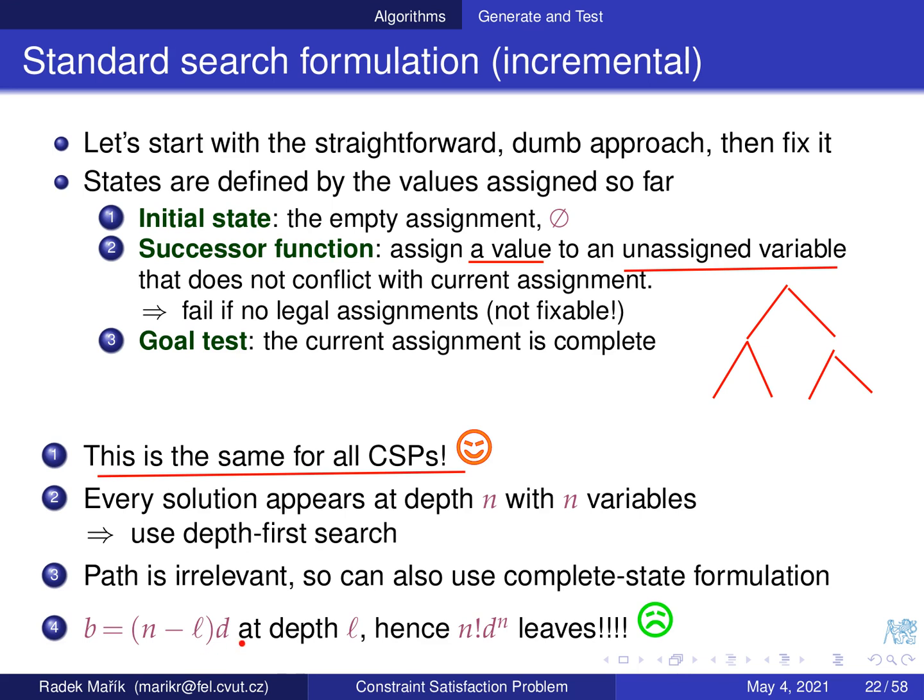Assuming that the domain is basically the same, containing D values, you have a branching factor of n minus L multiplied by D possible values. If you do that in the consistent way, you end up with a tree that has n factorial times D to the n leaves. This is really a huge number.